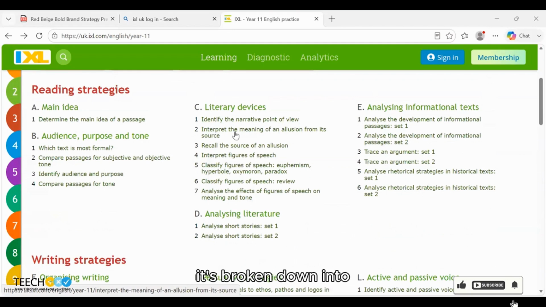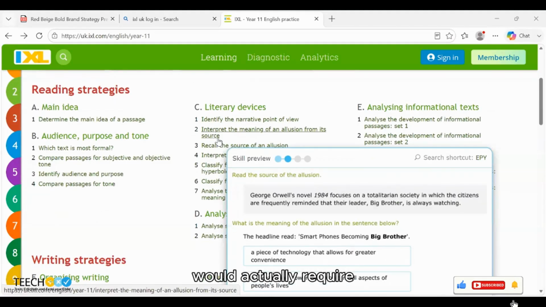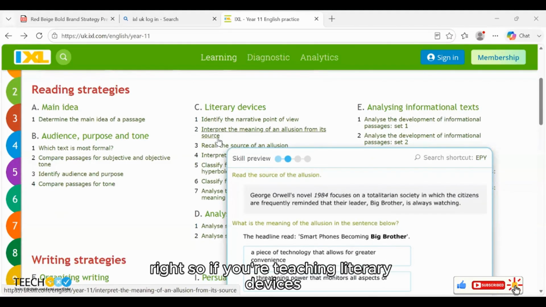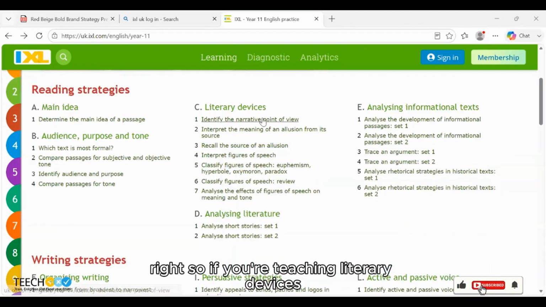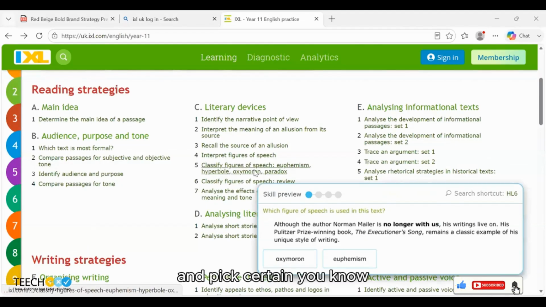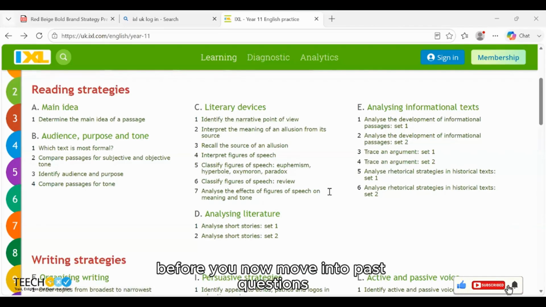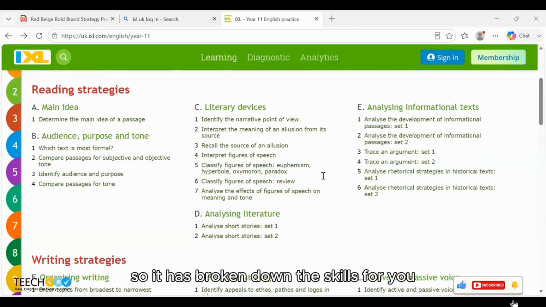It's broken down into interpreting the meaning of an allusion from its source. These are independent skills that your learner would actually require, right? So if you're teaching literary devices, you can come here and pick certain assessments from here to test your learner's understanding before you move into past questions. So it has broken down the skills for you, so you actually know what to test.